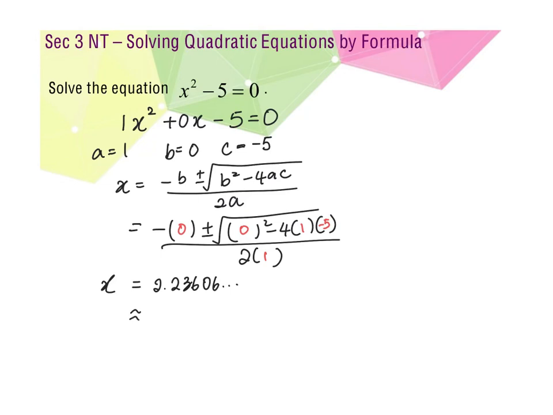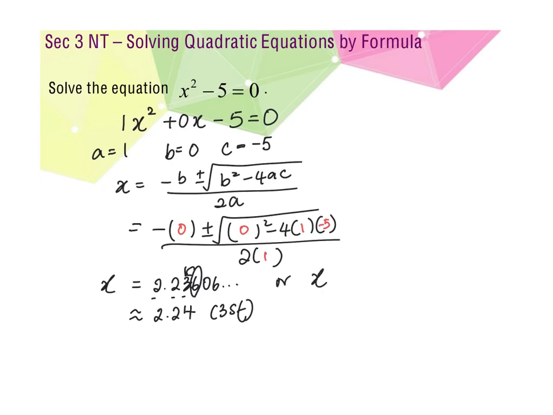Now when the accuracy is not given in a question, always round off to 3 sig fig. So this is the first sig fig, second, third. We look at our fourth, which is 6. More than 5, so I need to round up. So this will be 2.24 in 3 SF.